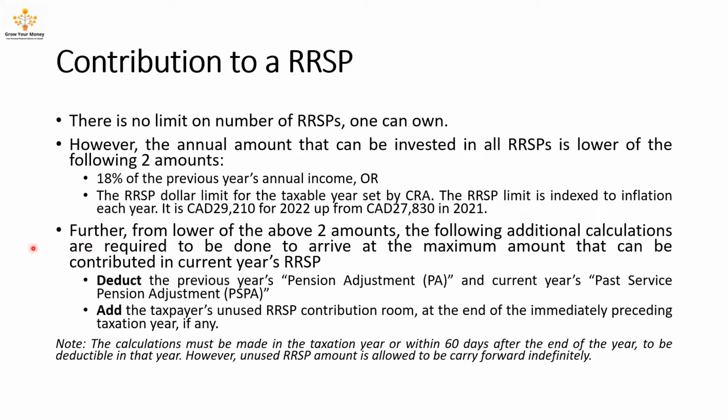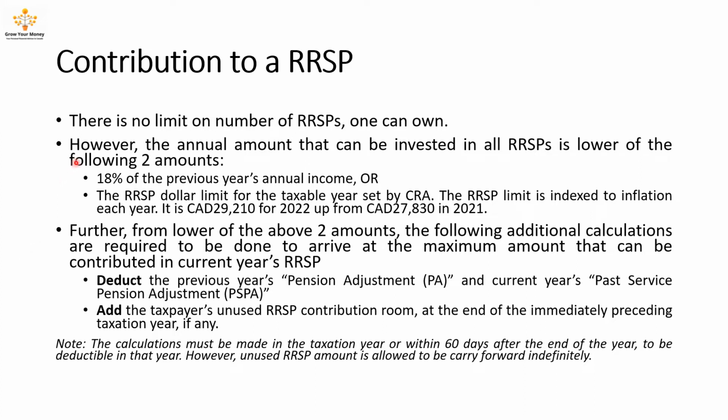Further, from the lower of the above two amounts, the following additional calculations are required to arrive at the maximum amount that can be contributed in a current year in an RRSP.